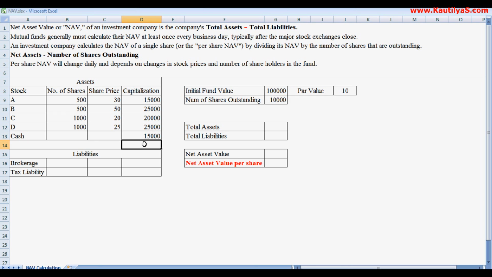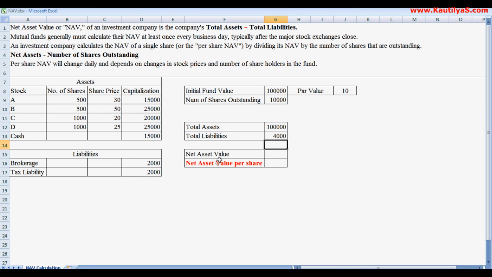So 15,000 is cash. And liabilities: assume that brokerage charges we owe around 2,000, and tax liability is another 2,000. Now total assets equals the sum, we use the Excel function sum. So our total assets are 1 lakh and total liabilities equal 4,000.